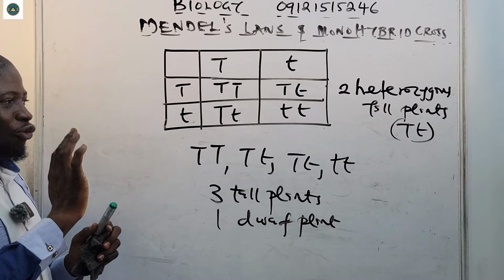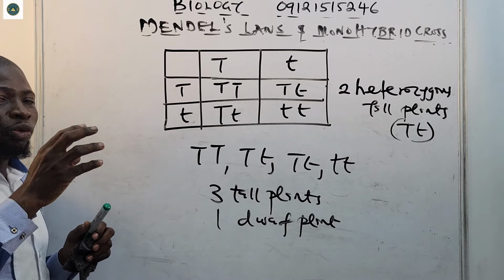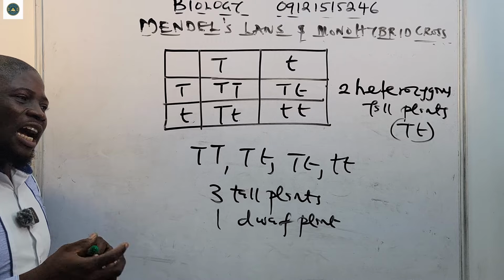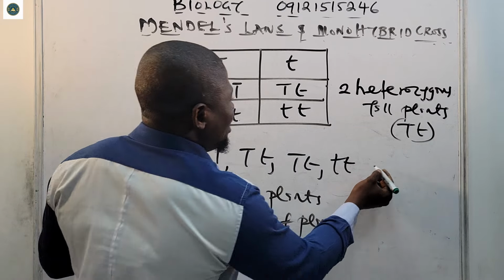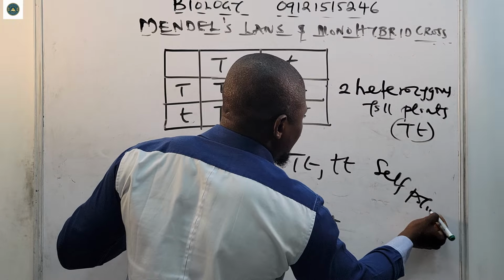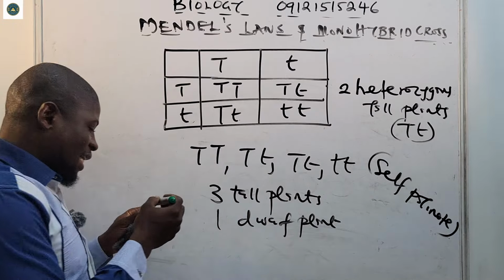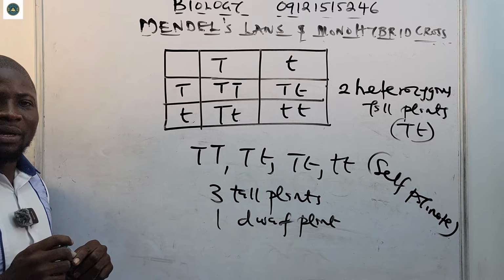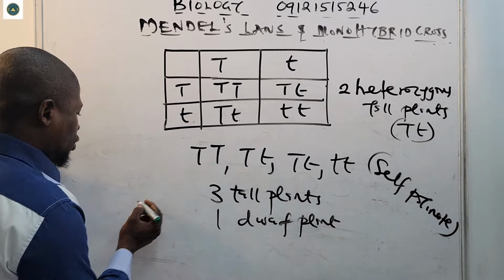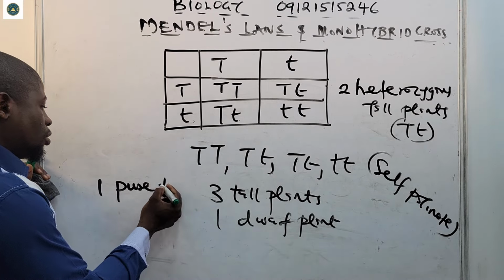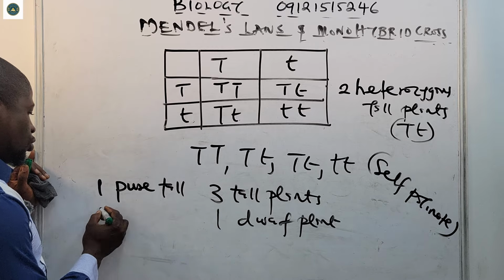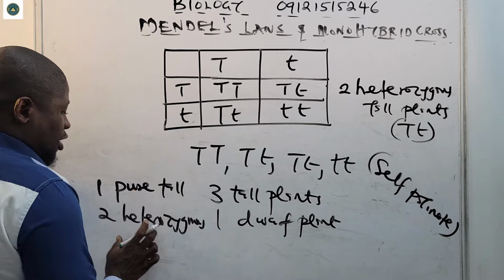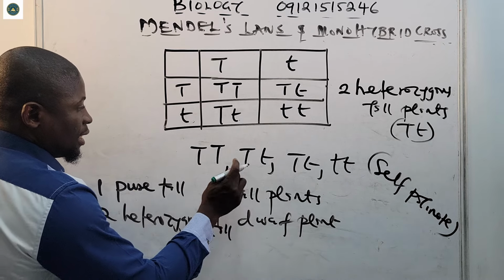Okay, so this is the result of our crossing, when we made the product of the first generation, the parents, and we crossed them. So we self-pollinate them, all right? So this is the result. We had 3 tall plants and 1 dwarf plant. We got 1 pure tall plant, and 2 heterozygous plants were tall, that is this and this.